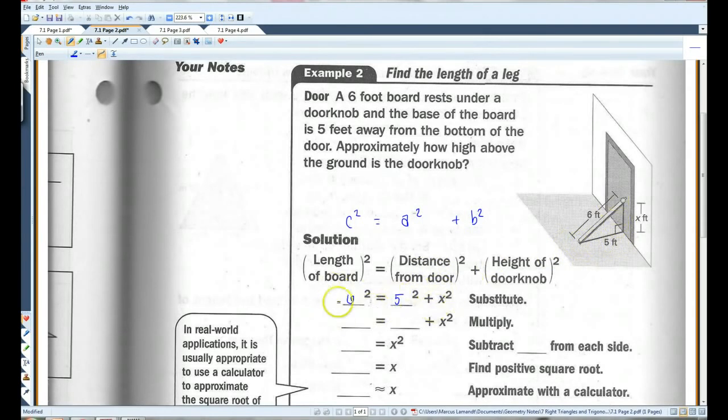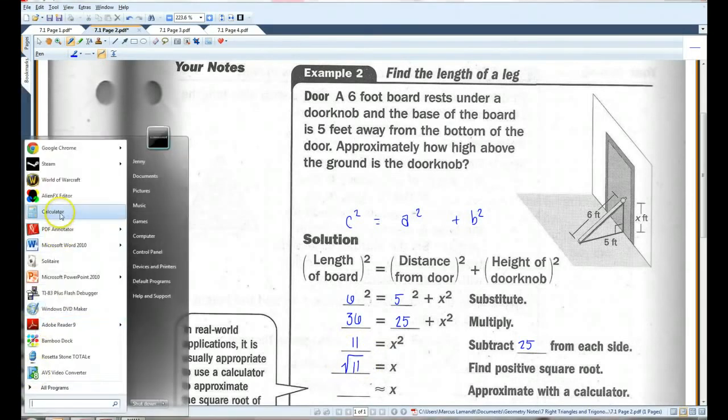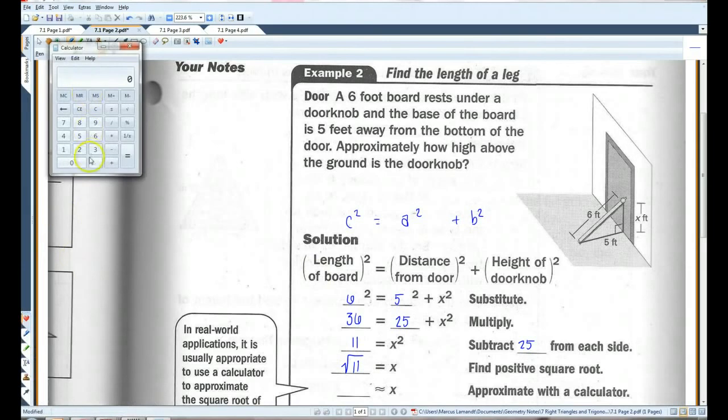So I plugged everything in. 6 squared is 36. 5 squared is 25. I'm going to subtract 25 from both sides, and I get 11. So the square root of 11 is what x is. So let's pull out the calculator. Square root of 11 is about 3.32.